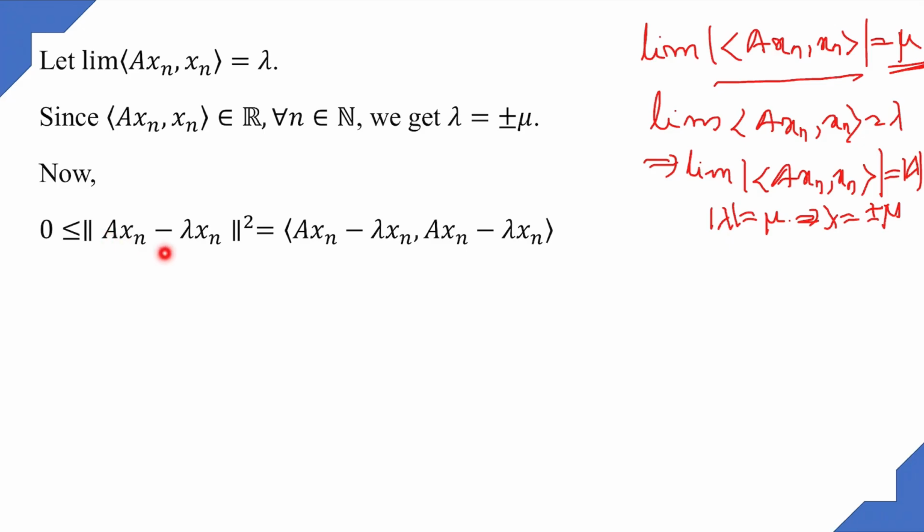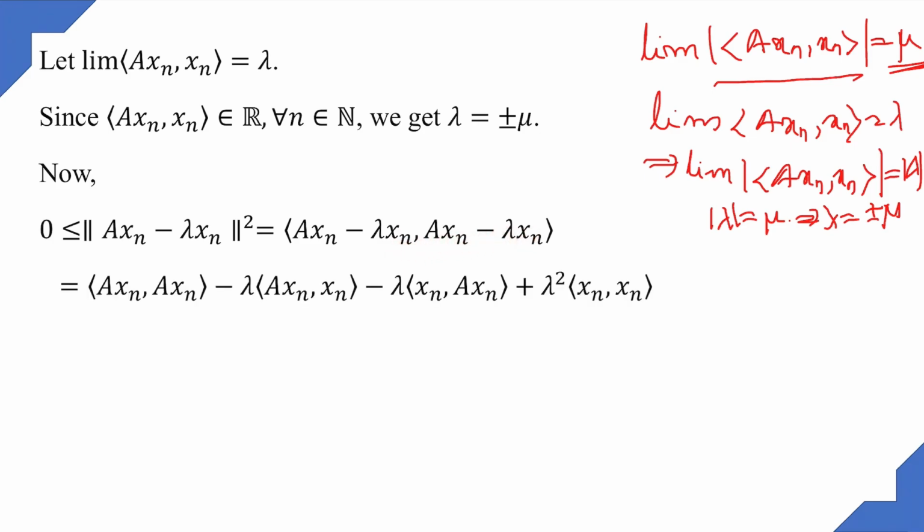Now we know that the norm of any number is greater than or equal to 0. So 0 is less than or equal to norm of Axn minus lambda xn, squared. This can be written as inner product of Axn minus lambda xn, comma, Axn minus lambda xn, which on expansion is inner product of Axn, Axn, minus lambda times inner product of Axn, xn, minus lambda times inner product of xn, Axn, plus lambda squared times inner product of xn, xn.